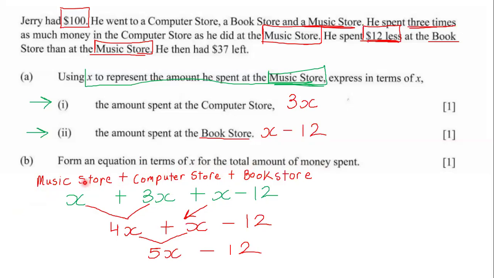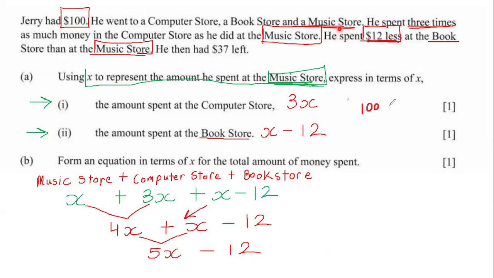Okay, so he spent X dollars at the music store. He spent $3X at the computer store. He spent X minus $12 at the bookstore. And how much did he have again? $100.